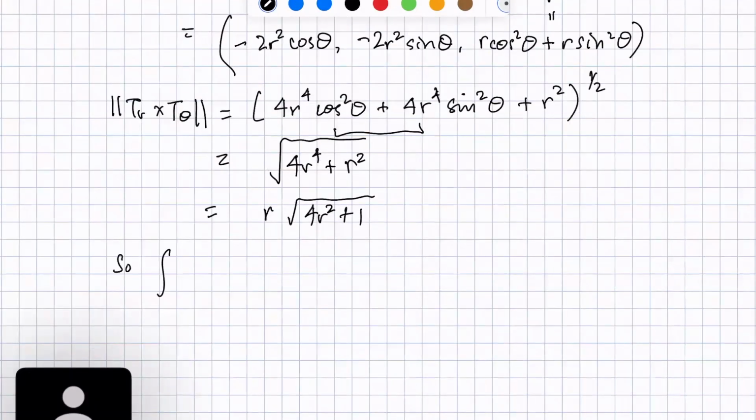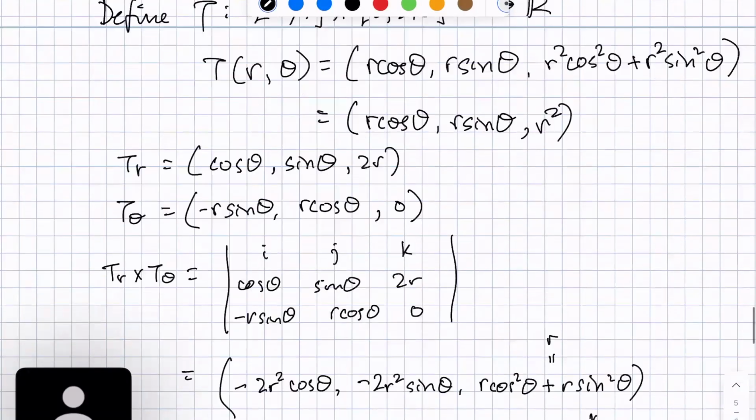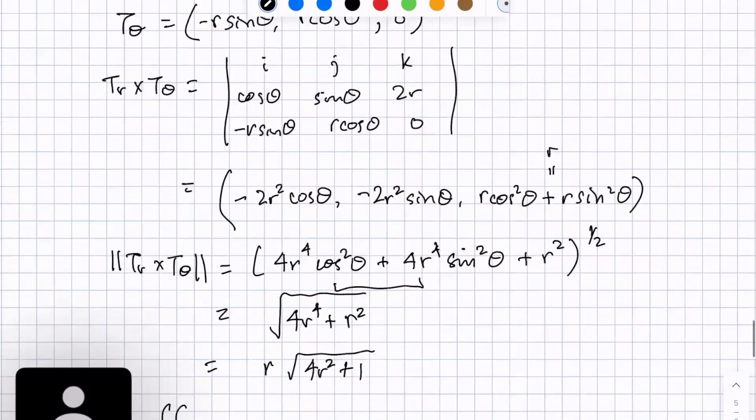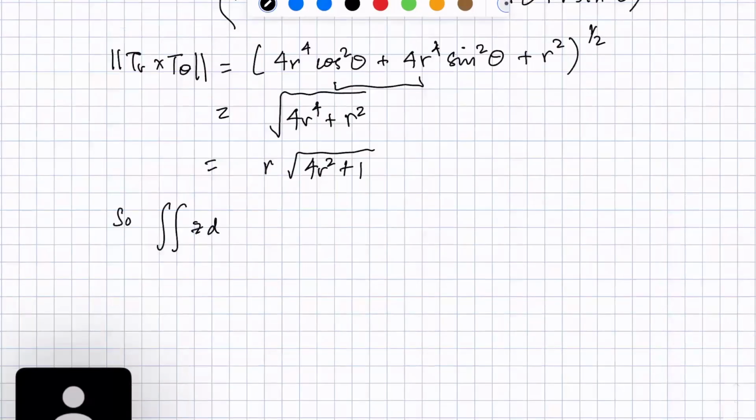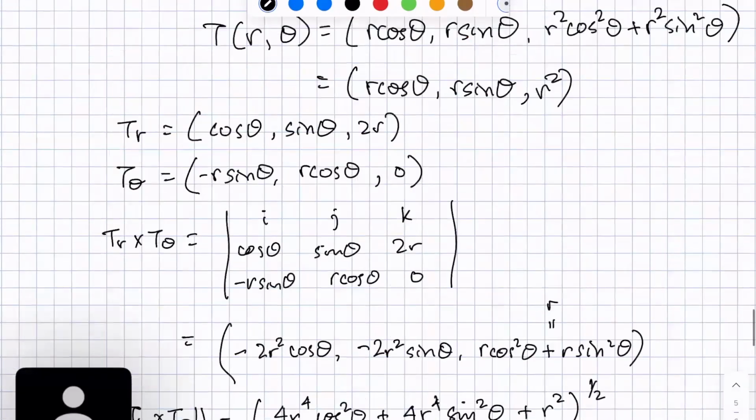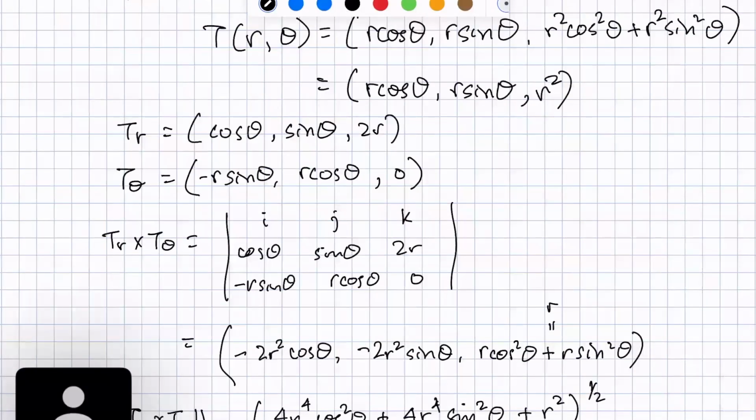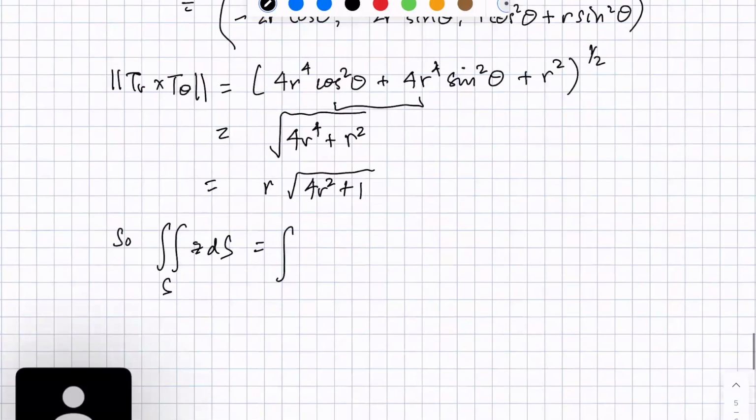So let's compute the surface integral z dS of this paraboloid. What is z equal to? Z is equal to r squared. And then here I have r square root of 4r squared plus 1, dr d theta.